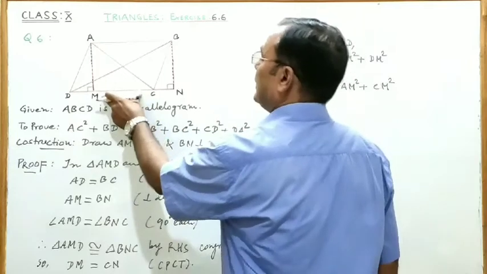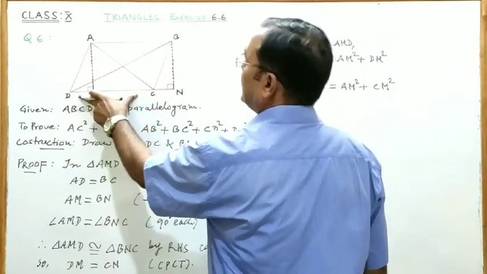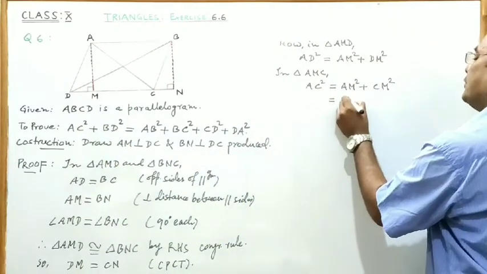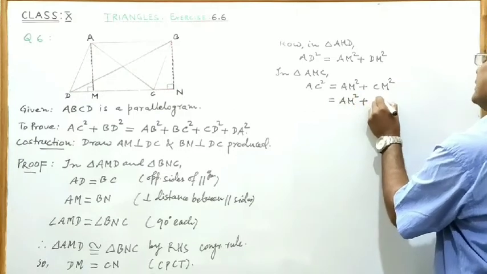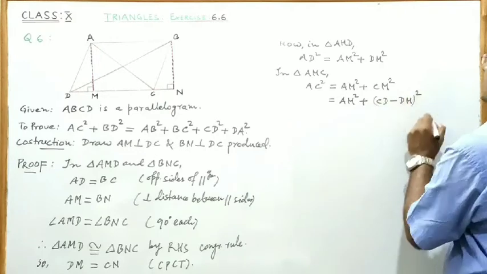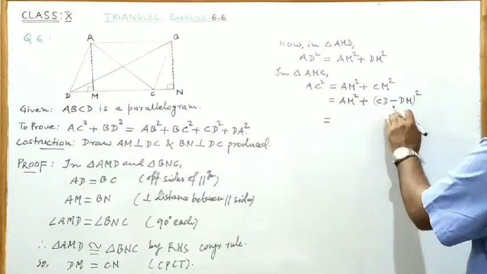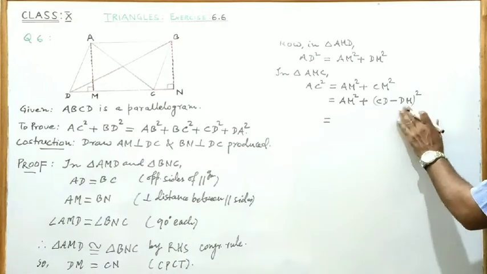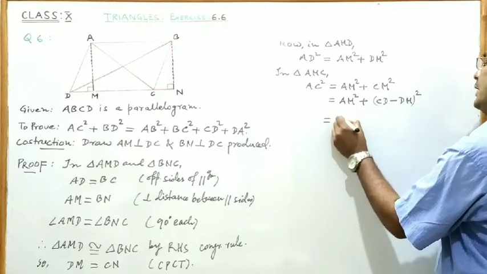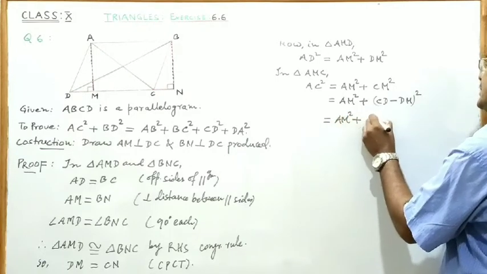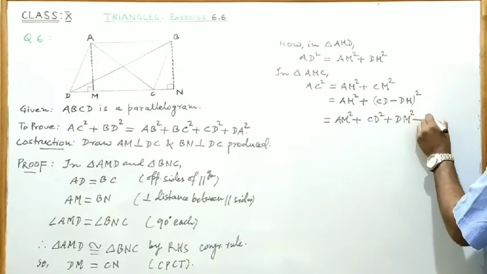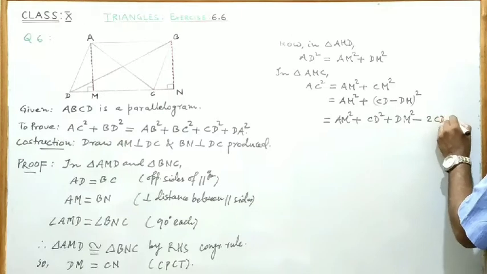This CM can be written as DC minus DM. So AM square plus CD minus DM whole square. Expand this CD minus DM whole square using A minus B whole square formula. So AM square plus CD square plus DM square minus 2CD into DM.